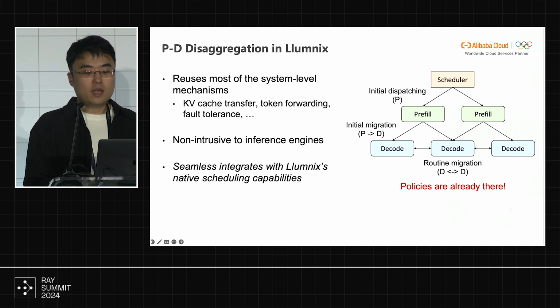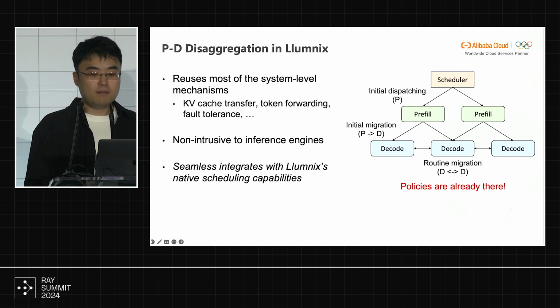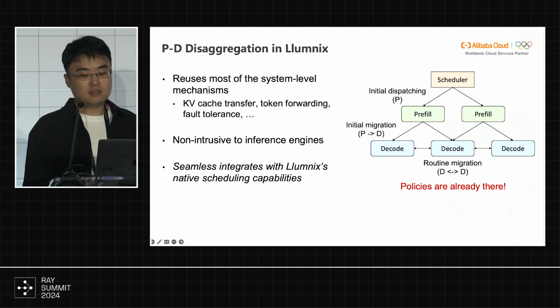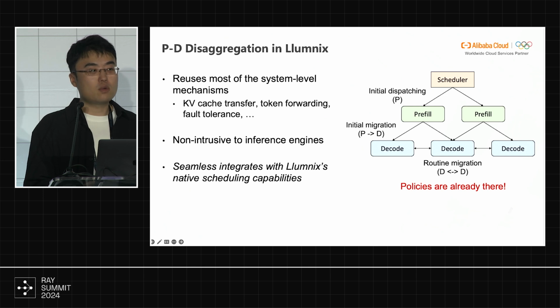And also, we can still use Llumnix routine migration between these D instances, because the problem we mentioned before still exists in these D instances, and migration still works. So in Llumnix, the initial dispatching, the initial migration, and the routine migration are naturally combined and can complement each other. We're still actively working on this feature, developing and benchmarking it.